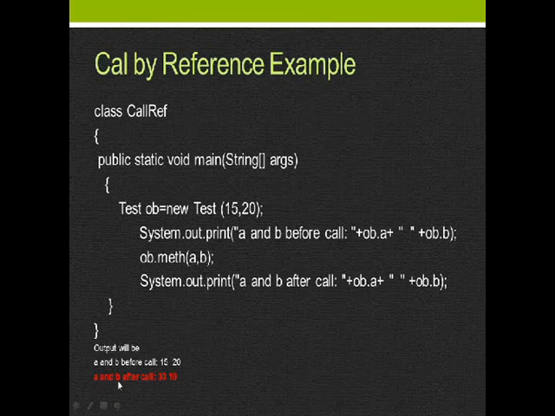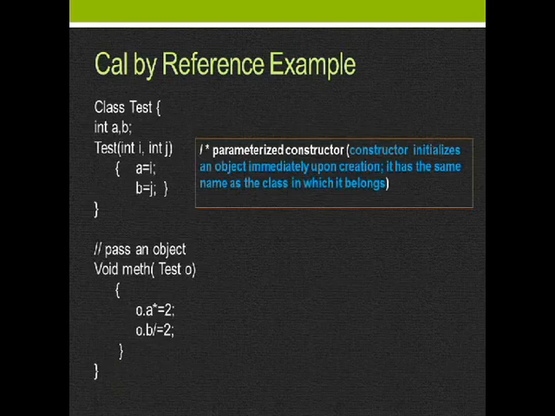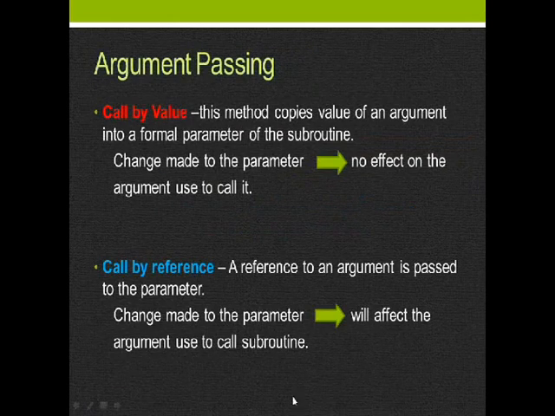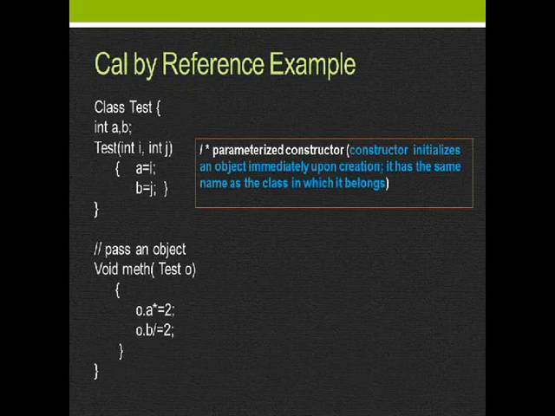We see that A and B after call are 30 and 10. That is, it will affect the argument used to call the subroutine. This is the main difference between call by value and call by reference.